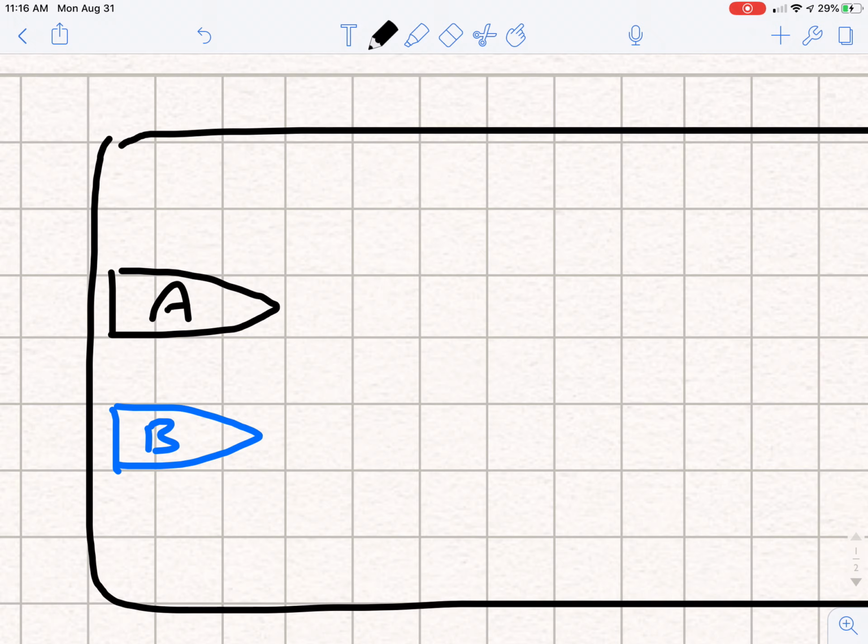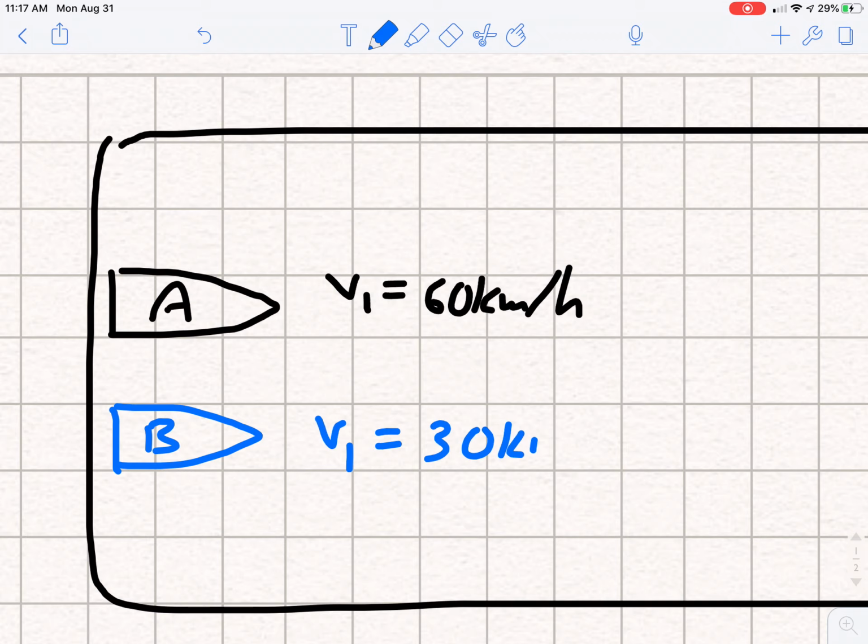It tells us that the trip out there, which I'll call V1, is 60 kilometers per hour. And for V1 of the blue boat, boat B, it's 30 kilometers per hour, so it's half the speed.